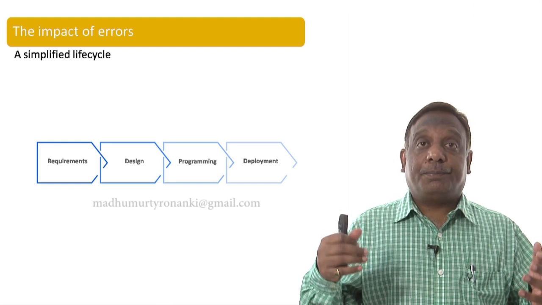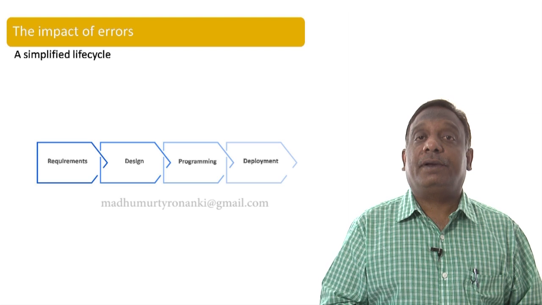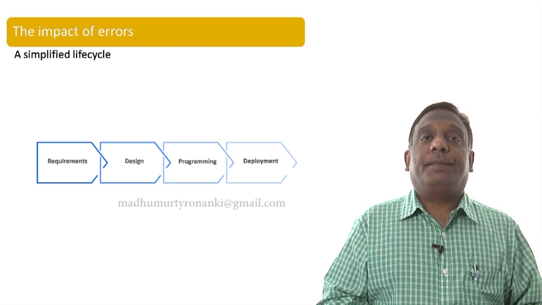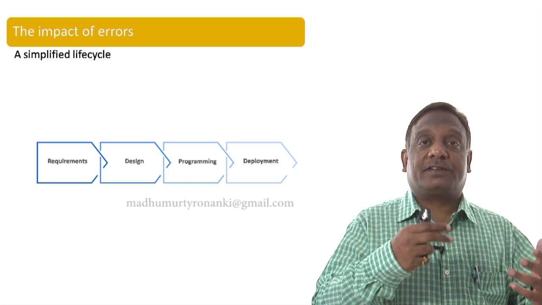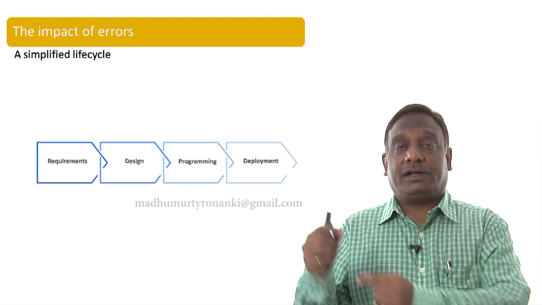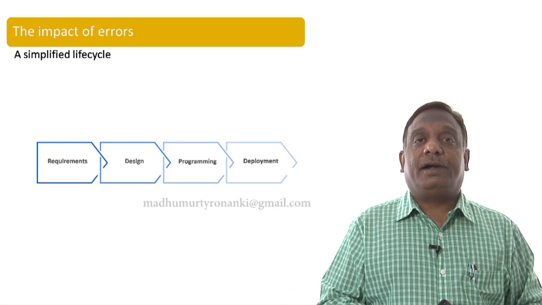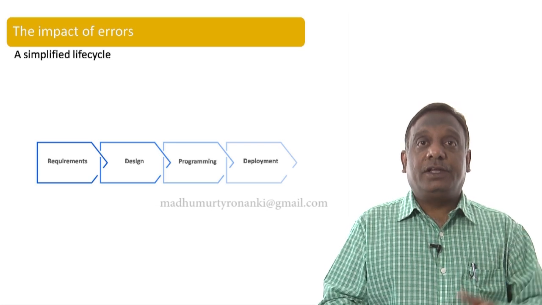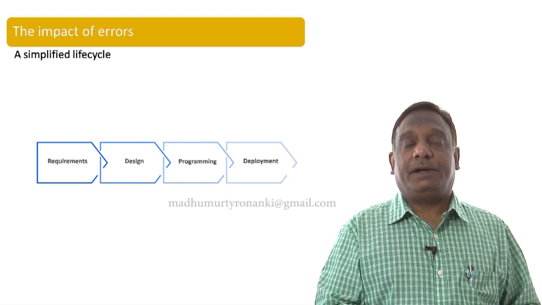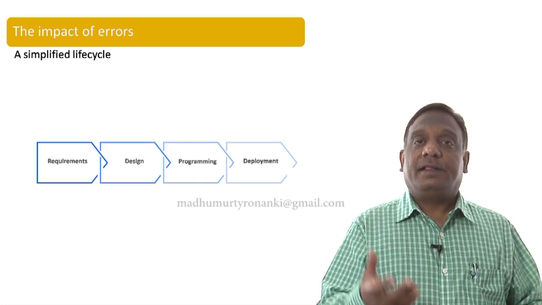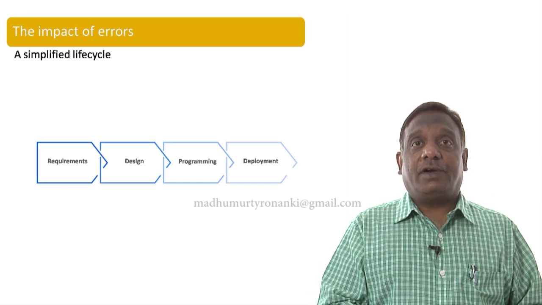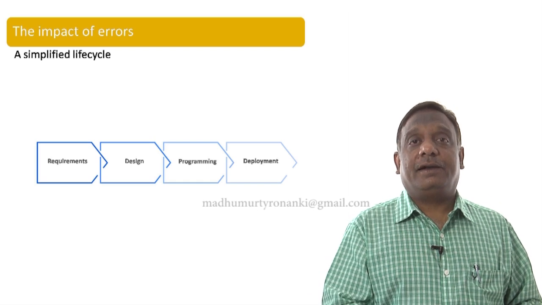So whatever failures happen at deployment time can be the result of poor programming, because defects still occur in the software. Or sometimes you are using the software in the wrong environment or wrong hardware, and then also you can experience failures, or users while using the software are making a lot of mistakes.